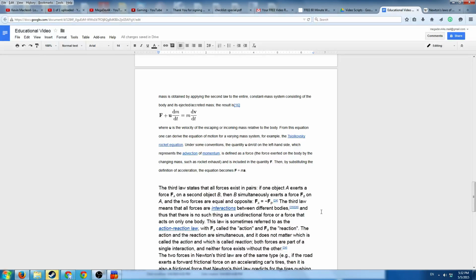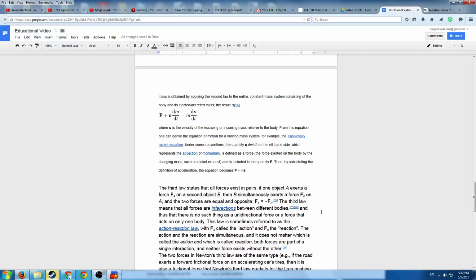The third law means that all forces are interactions between different bodies, and thus there is no such thing as a unidirectional force or a force that acts on only one body.